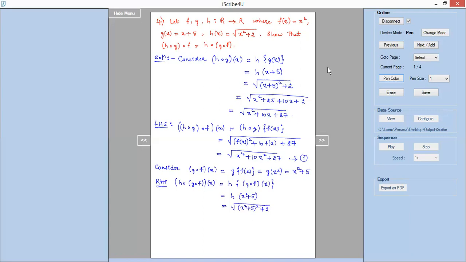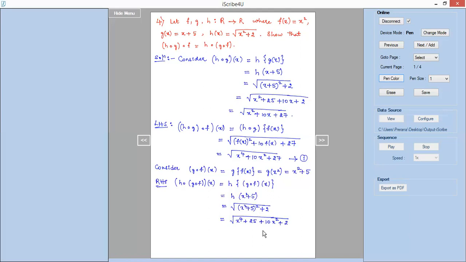So expanding (a plus b) whole square and simplifying, we get square root of x power 4 plus 5 square is 25 plus 5 into 2, 10x square, plus 2. So this is x square whole square, which is x power 4, 5 square is 25, then the 2ab term, that is 10x square, plus 2 as it is.